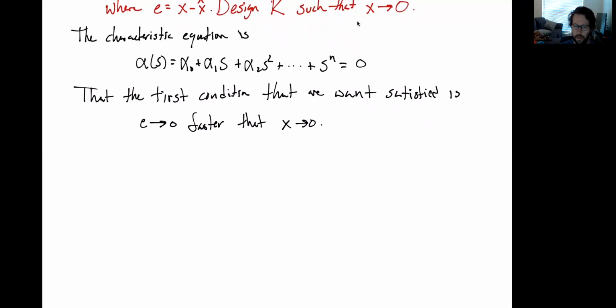So what does this mean? This means that the estimate converges to the state faster than the state converges to the reference or the origin.